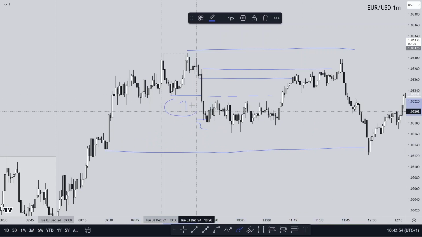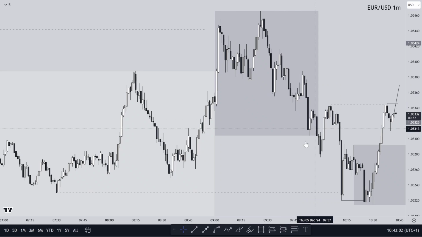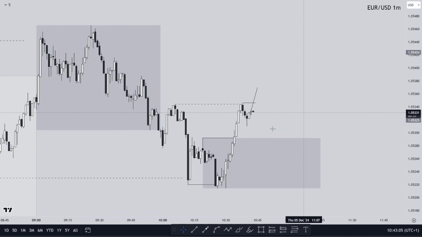So the point is that I need 2 breaks of structure. For the moment it's too early, because I just had my first break of structure.